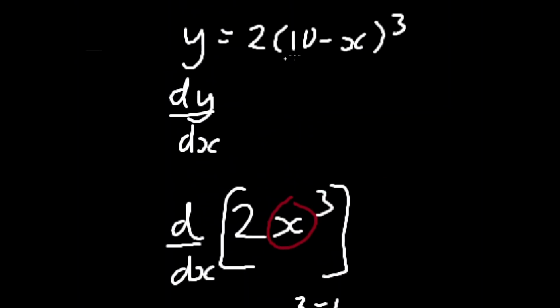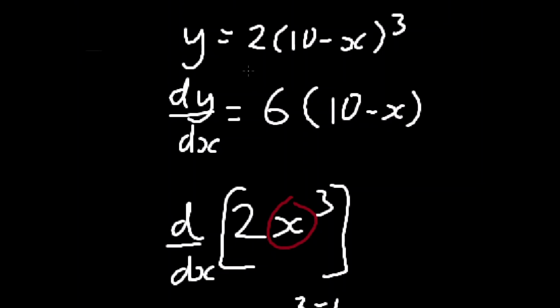So we're going to put that on the outside here. When we write it, it becomes that 6 and then x to the power of 2. But instead of writing an x, I'm going to put the 10 minus x in there.